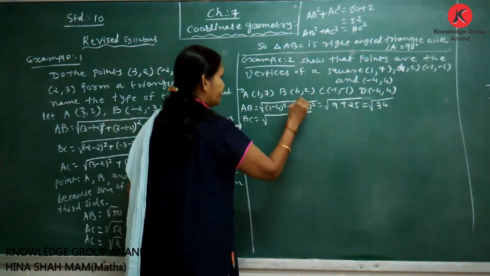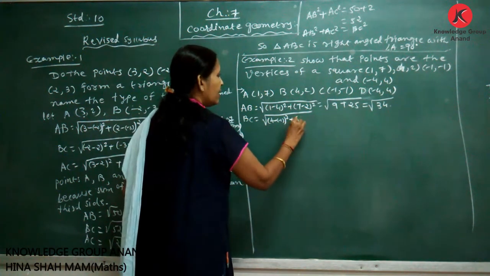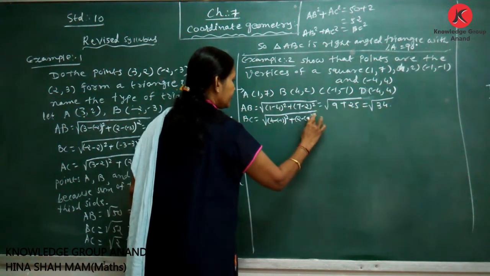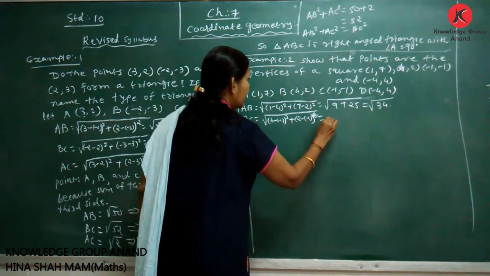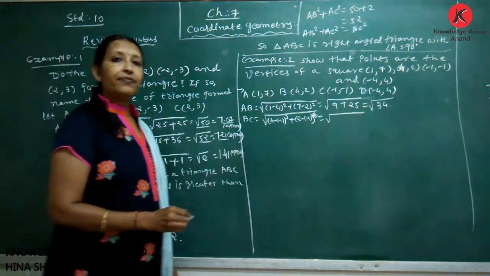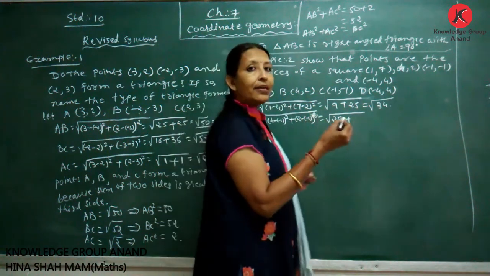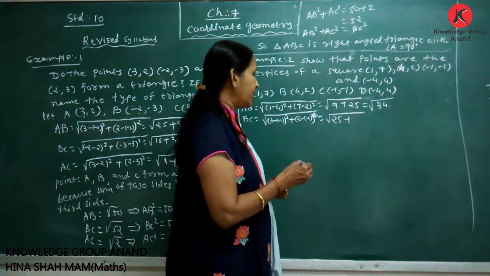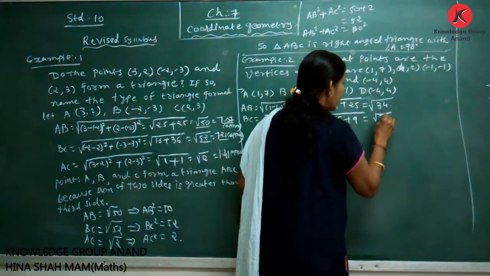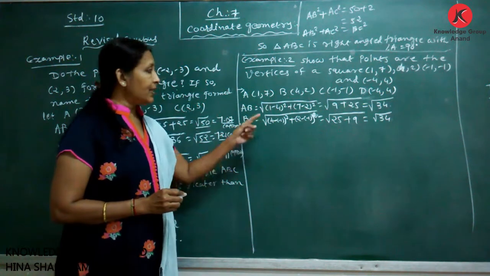BC is equal to the root of (4 minus 1) whole square plus (2 minus 1) whole square... 5 square, 25, plus 3 square, 9, equal to root 34. We find two sides AB and BC. Now find CD.